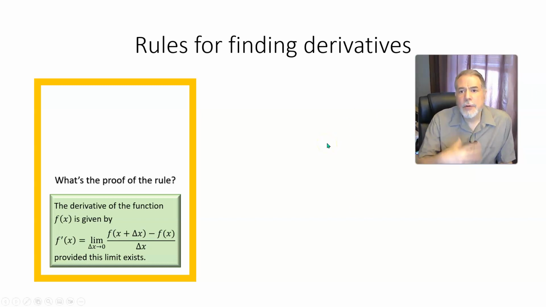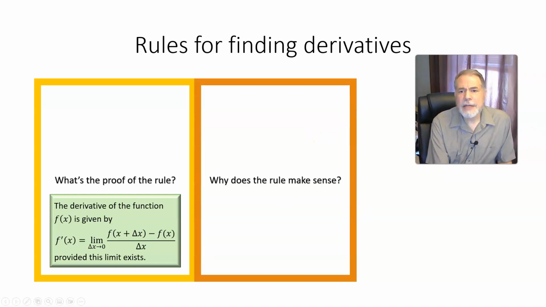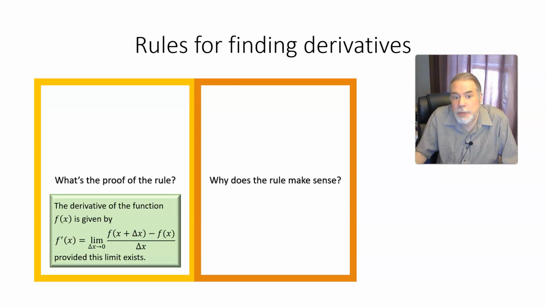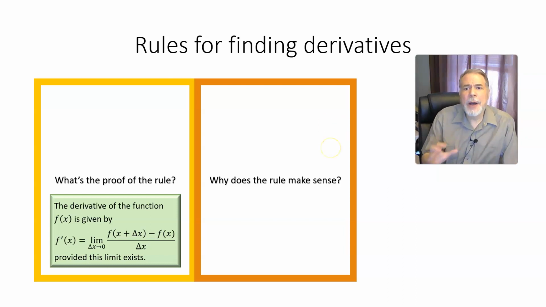Now, even if you don't care about the formal proofs, you might want to know, why does the rule make sense? On an intuitive or informal level, why does the rule work the way it does? Why does the rule say to do this instead of something else? Why is this the rule instead of something else that might seem like it ought to be what the rule should be? So, where possible, I'm going to try to say something about why the rule works the way it does.